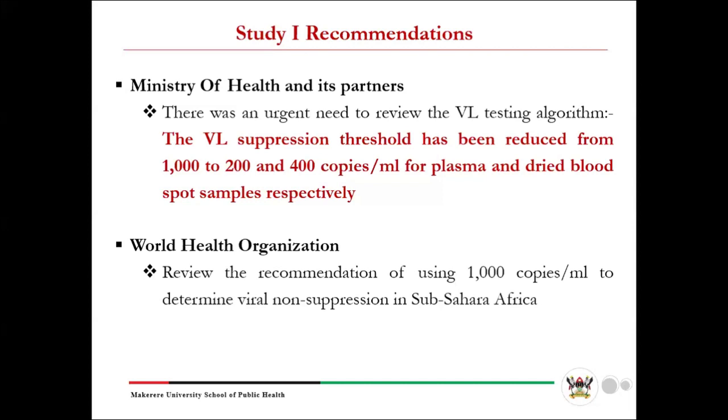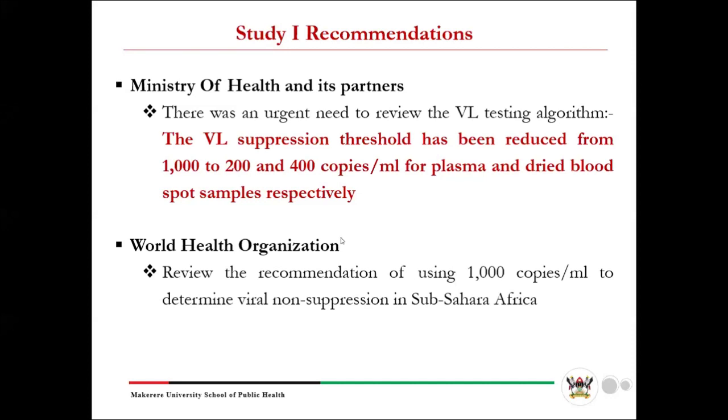But if we are to attain epidemic control by 2030, we need to review this recommendation and give other guidance which may be suitable to enable our countries achieve epidemic control by 2030.